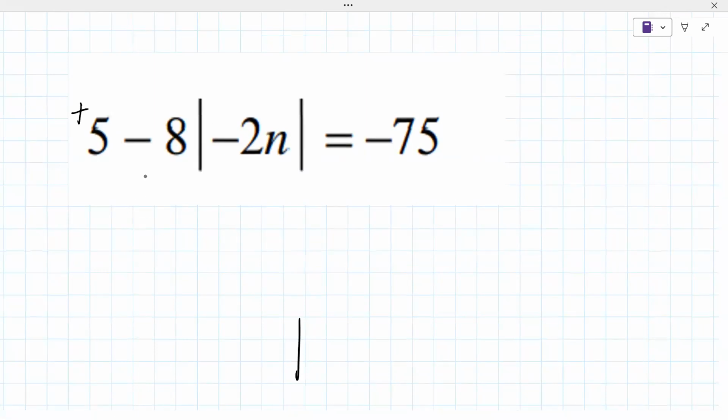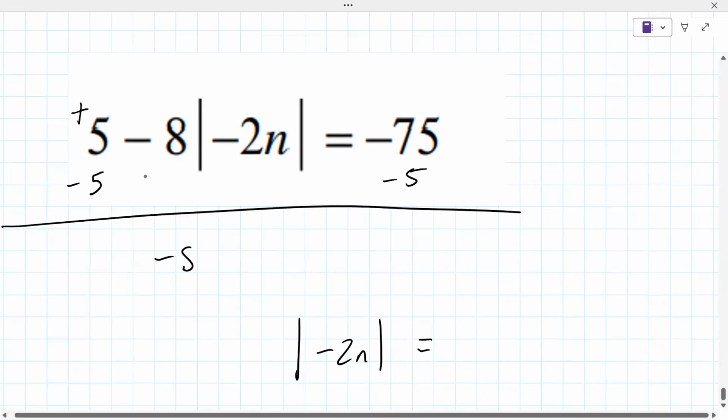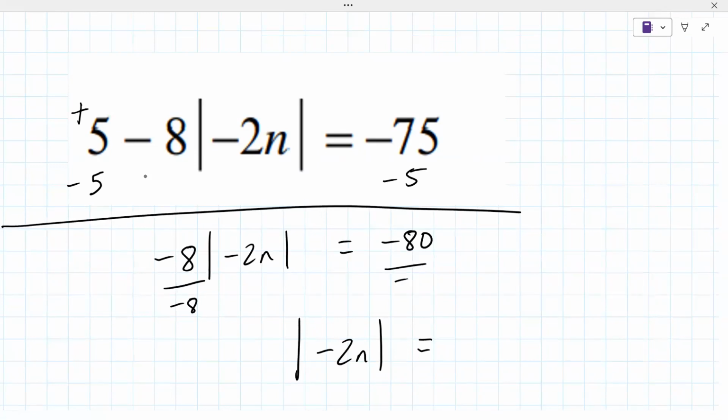You want to get it down to the absolute value of minus 2n equals something. To do that, you subtract 5 from both sides. -8 times the absolute value of minus 2n equals -80. Divide by -8, divide by -8. And that gets you down to 10.